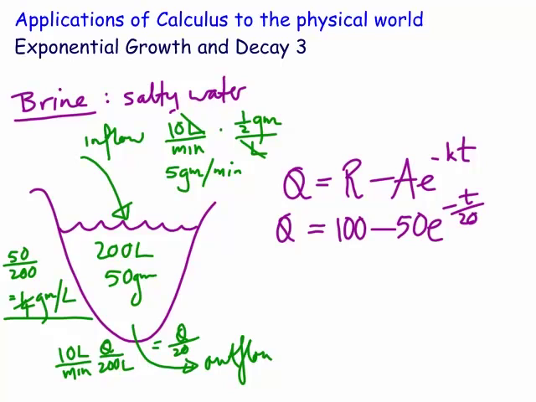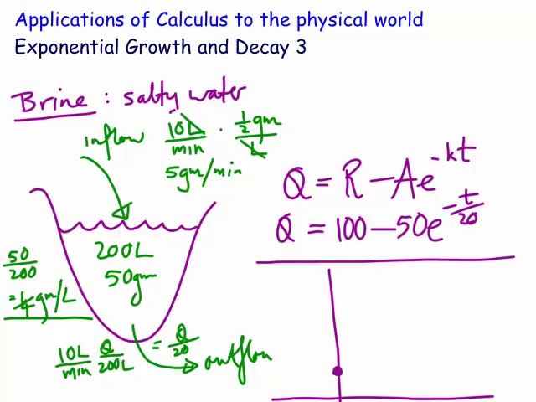So we can look at this in terms of the steady state idea. If you look at the graph, initially there's 50, so down here it starts at 50, and it's approaching the steady state at 100 over time. T is here, Q is up here, and you can see it's coming up, approaching the steady state.